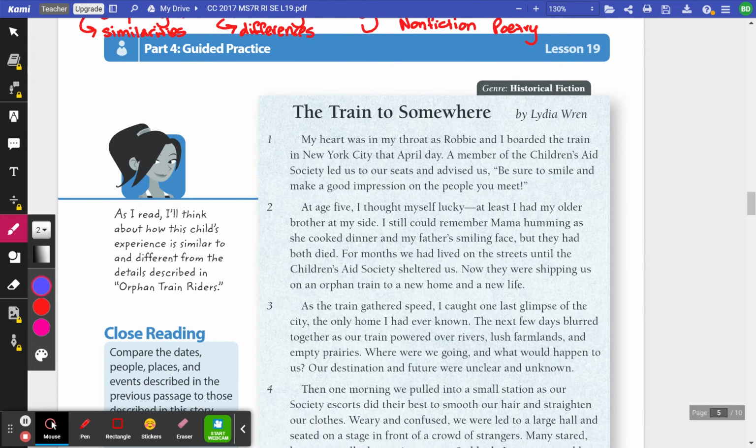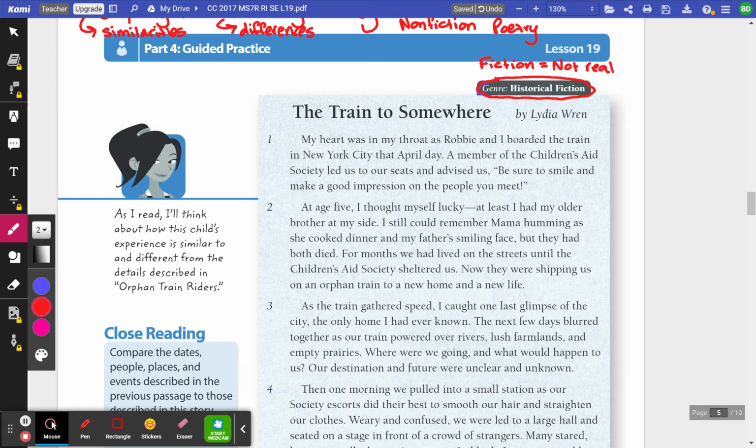Okay, so like I just mentioned, this is a historical fiction text. It tells us that right here where it says genre. And because we know this is historical fiction, we know it falls under our larger category of just fiction, which means that it is not real or not entirely real, at least.